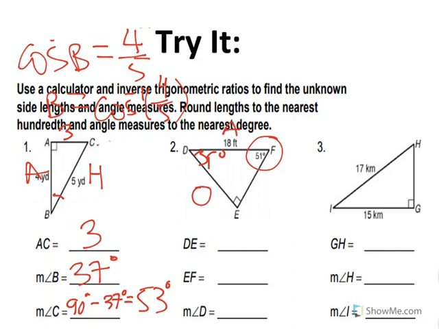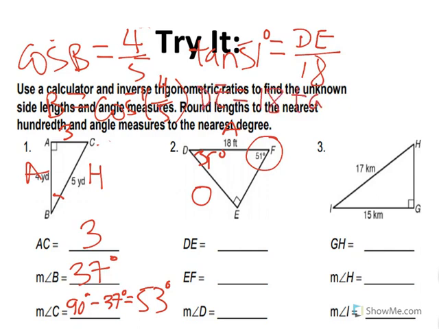So opposite and adjacent, we can use tangent. So we do tangent of 51 degrees, opposite is DE, over adjacent 18. So then DE equal to 18 times tangent of 51 degrees.